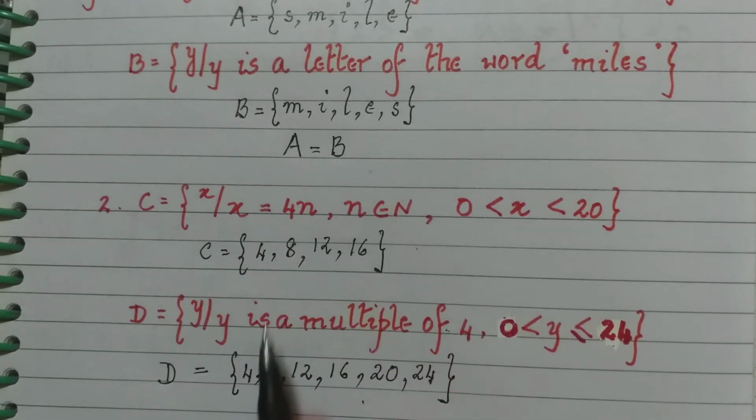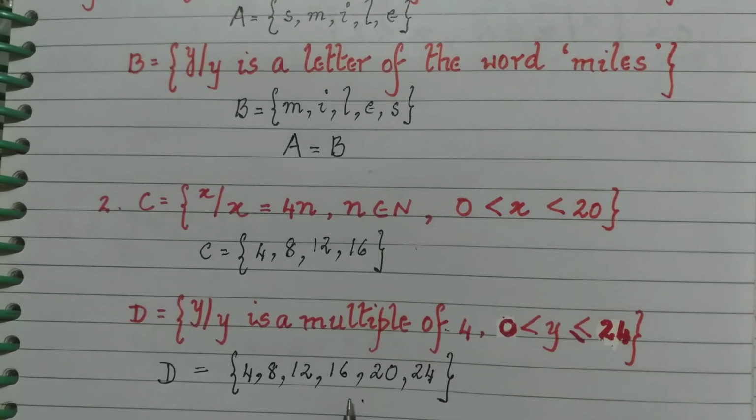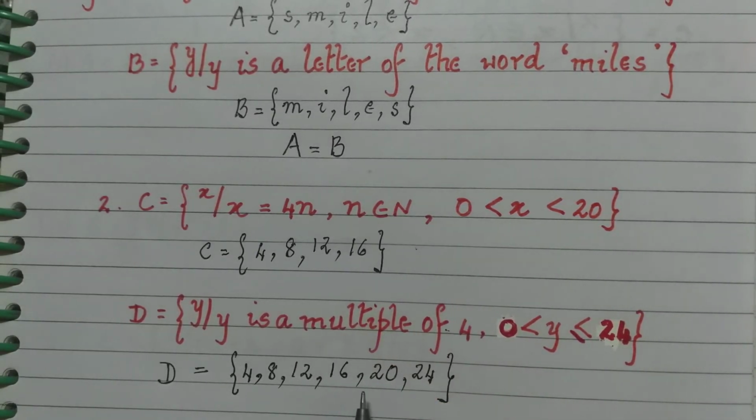Plus, we also have to see whether the same elements are there in set C and set D. Although the first criterion is not fulfilled, we also check the second criterion, whether the same elements are repeated.